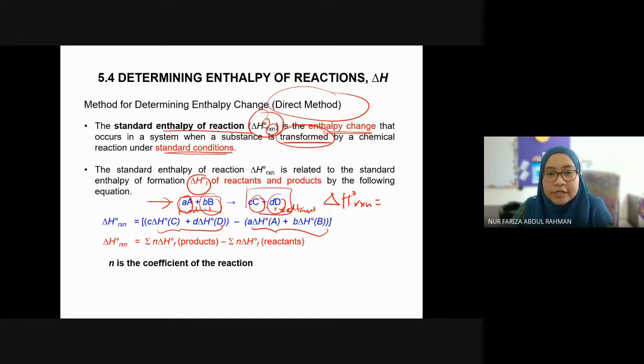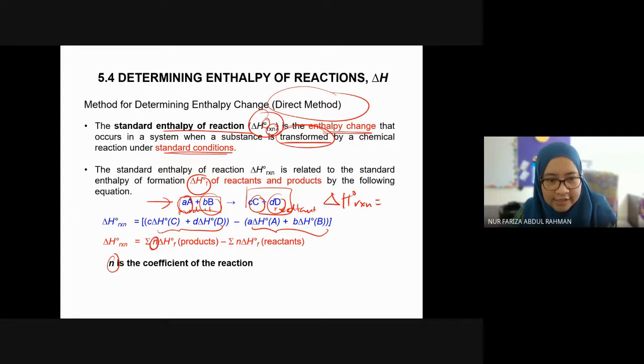Okay, so you kena ada this information for the enthalpy of formation for each one of them. Baru you boleh pakai this direct method. You cannot use this direct method if you don't have the information on the enthalpy of formation for reactant and product.